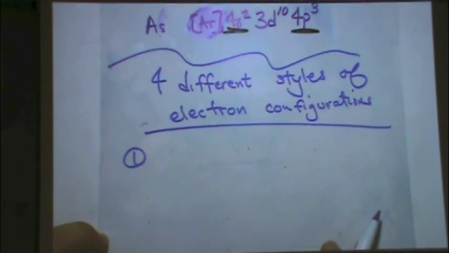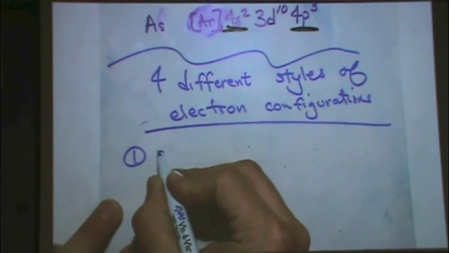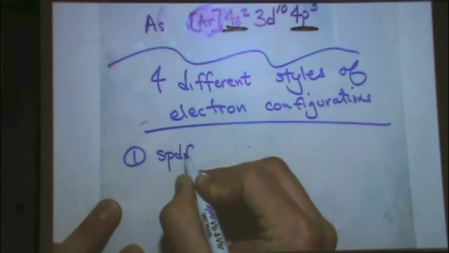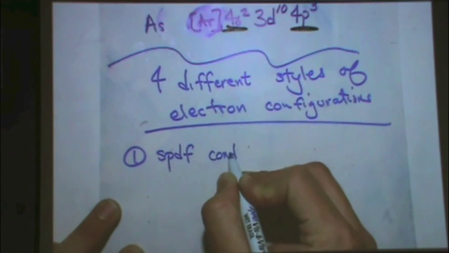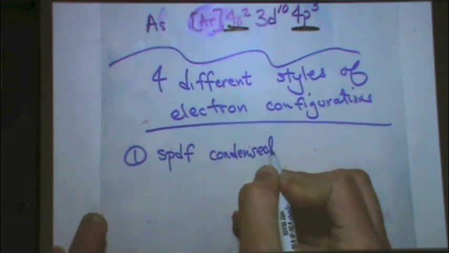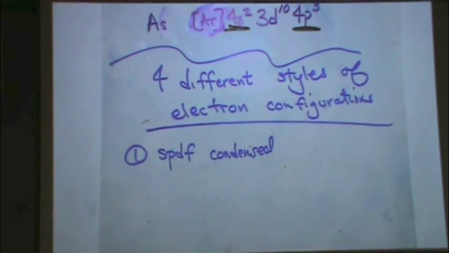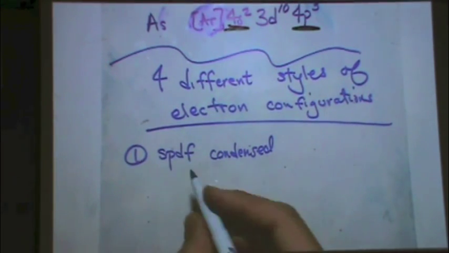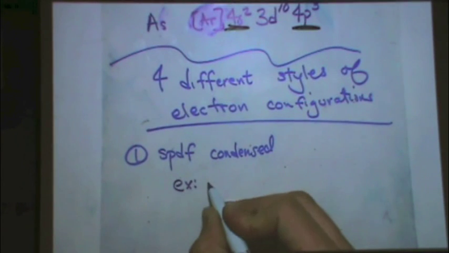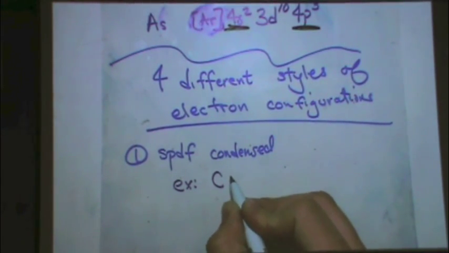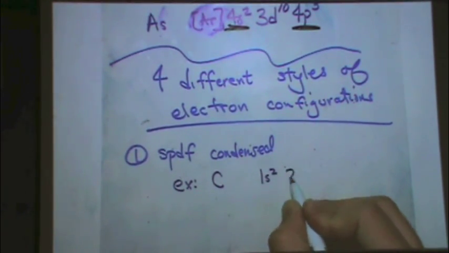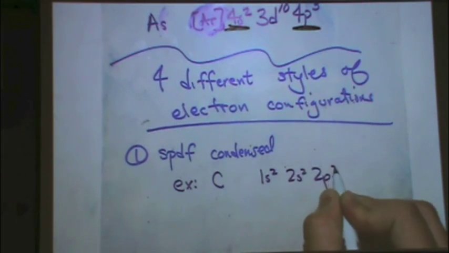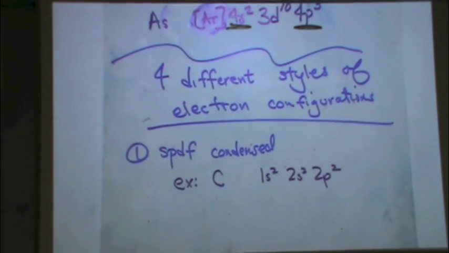So here's the different styles. The first one's the one you already learned, SPDF index. So for example, carbon is 1s2, 2s2, 2p2. That's an example of SPDF index.